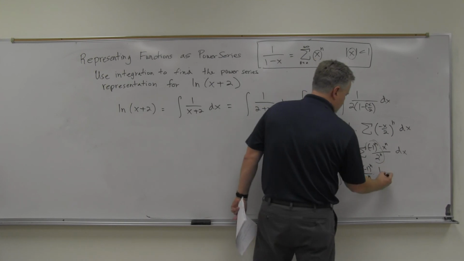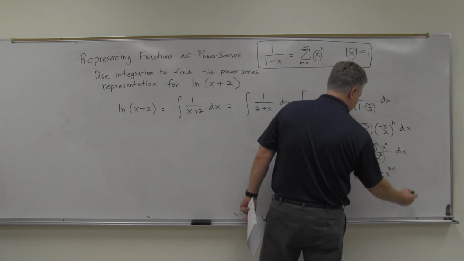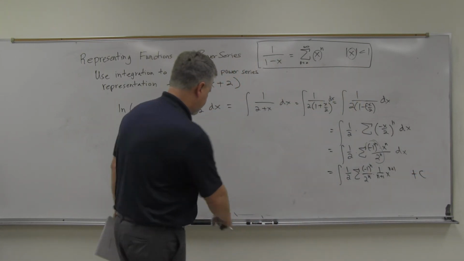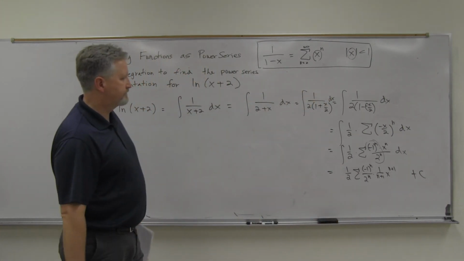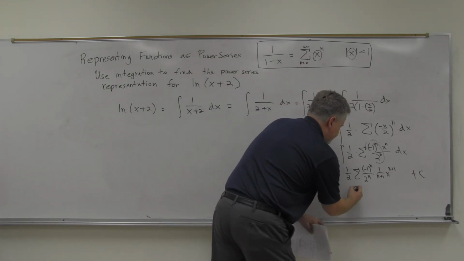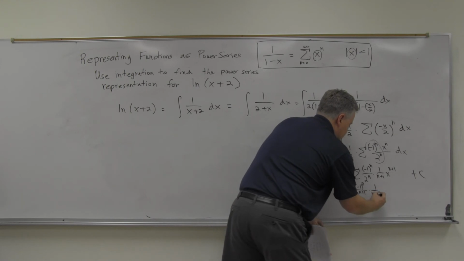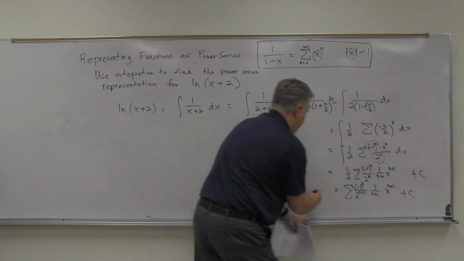And again, that's just 1 over n plus 1, x to the n plus 1, and then plus c. Combine those, 2 to the n plus 1. There you go.